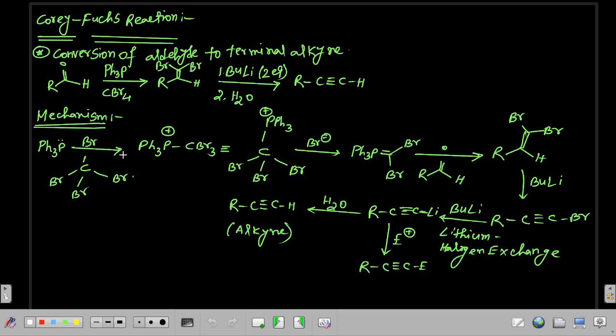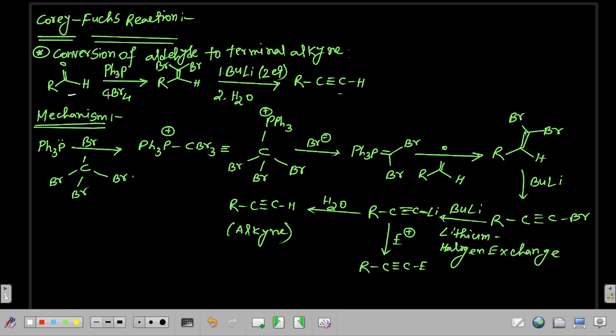Now Corey-Fuchs reaction. This reaction leads to the conversion of aldehyde to terminal alkyne. So this aldehyde will react with triphenyl phosphine and carbon tetrabromide.